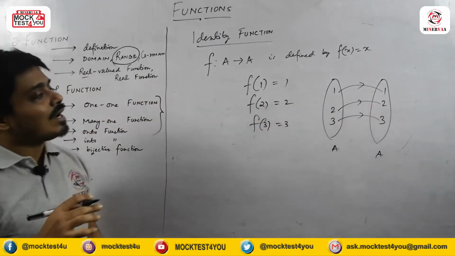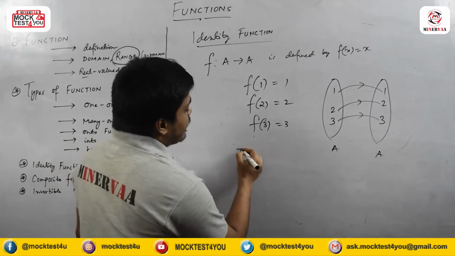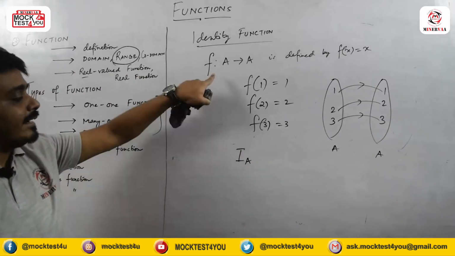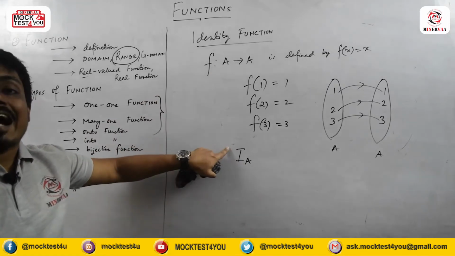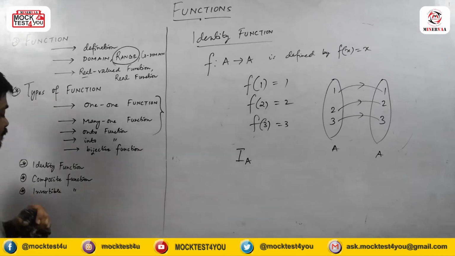So this is known as identity function. Now how do we denote identity function? We write identity function as I_A. I stands for identity and A stands for the set A. So that's what identity function is.